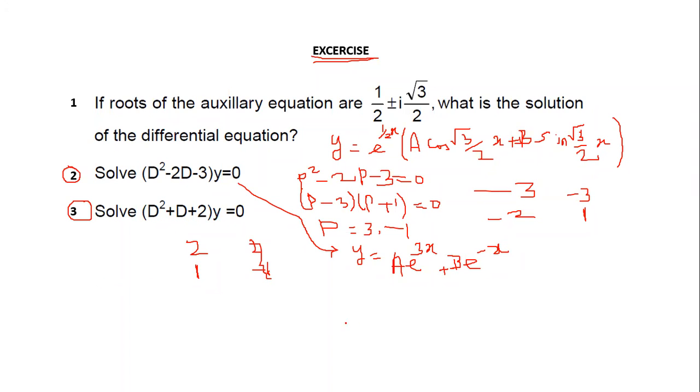What is the formula to find the roots of this quadratic equation? p equal to minus b plus or minus root of b square minus 4ac by 2a. Solve that and tell me the p value.